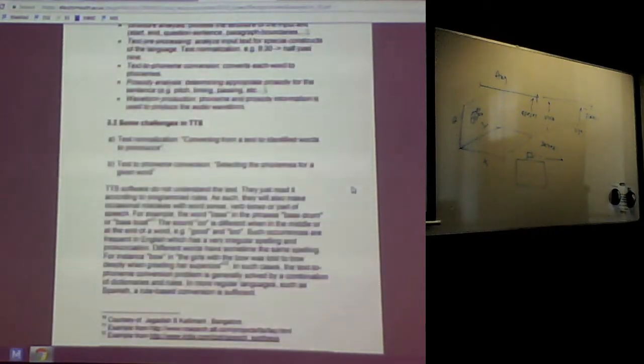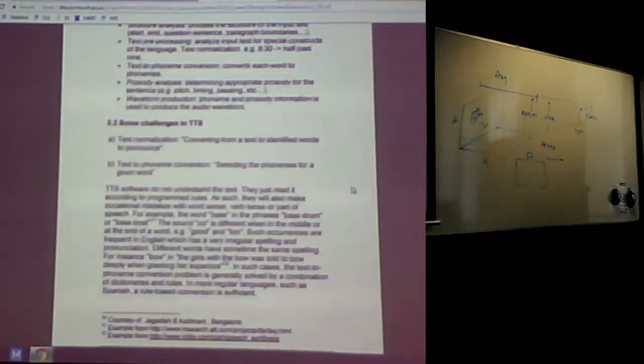So, some challenges to convert from a text to identified words to pronounce. That's text normalization. Text to phoneme: select the phonemes for a given word. So there are silly things like you have a word like bass, B-A-S-S.